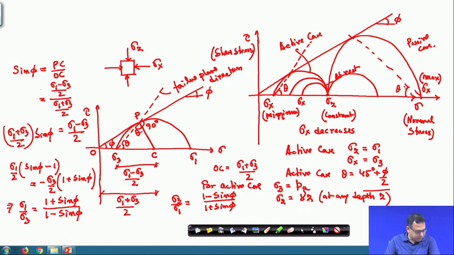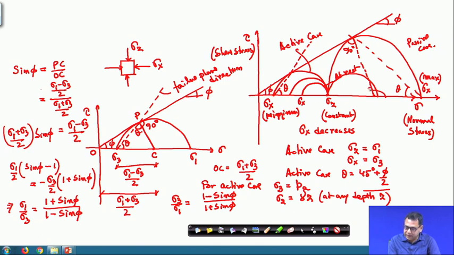You can prove that this one also, because if this is the center and you draw a line, this is the 90 degree, this is the 90 degree. So, this angle is how much? This is 90 degree, this is phi.